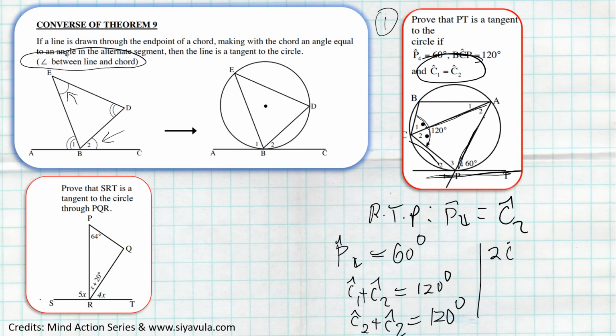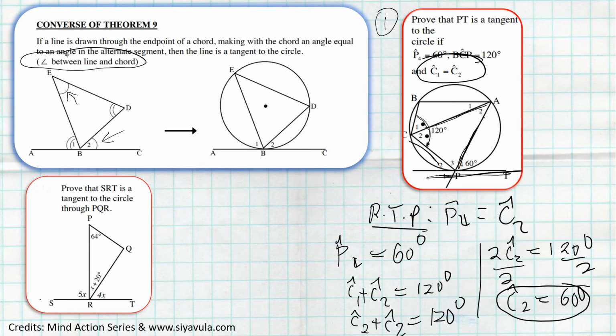So 2C2 is equal to 120 degrees. We divide by 2 on both sides, then our C2 is 60 degrees. And what does this mean? If C2 is 60 degrees, then it is equal to P4.